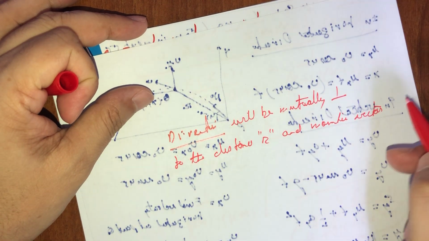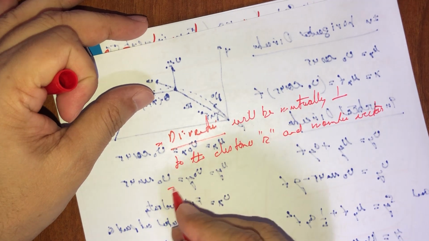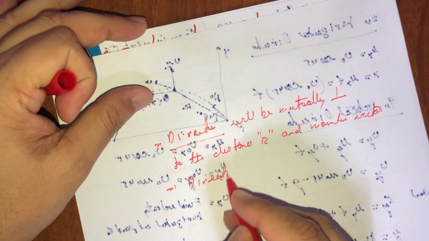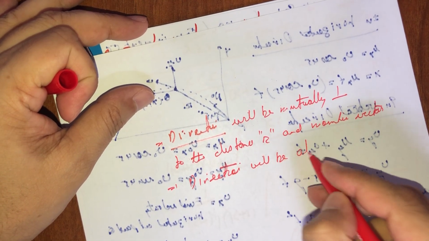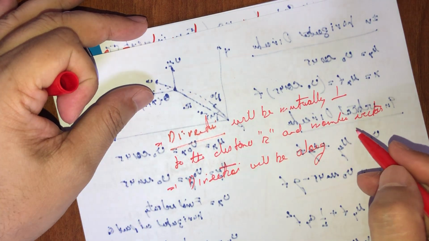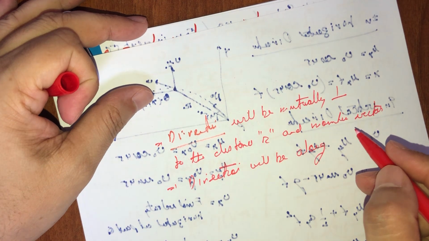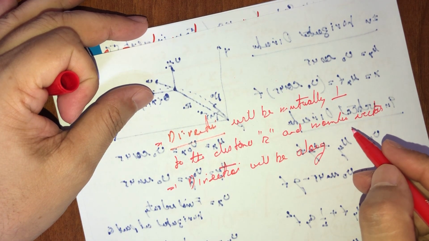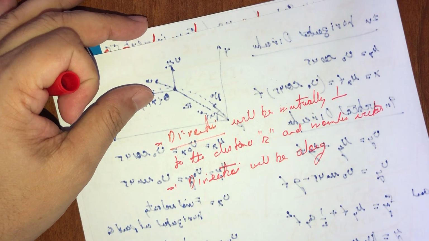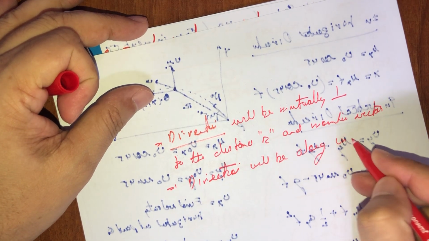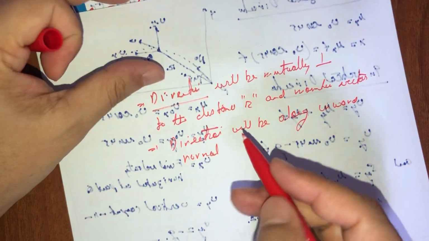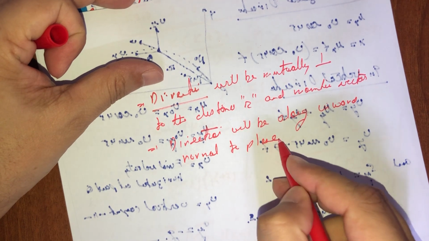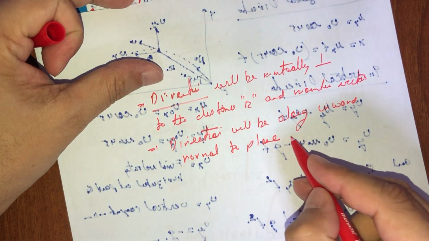Secondly, the direction will be along the inward normal to the plane of the paper.